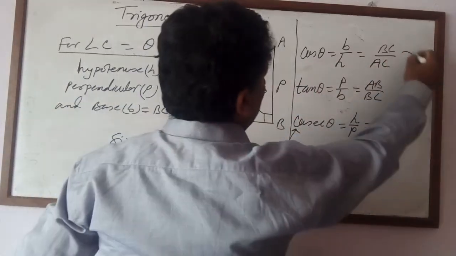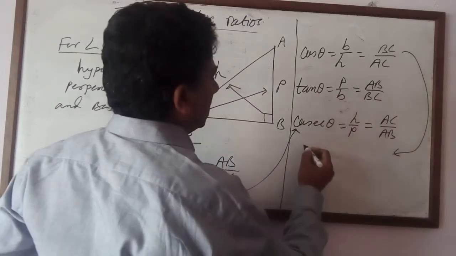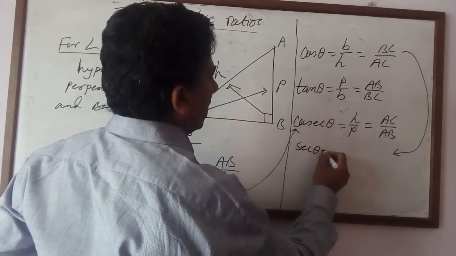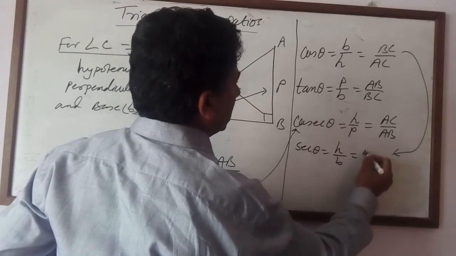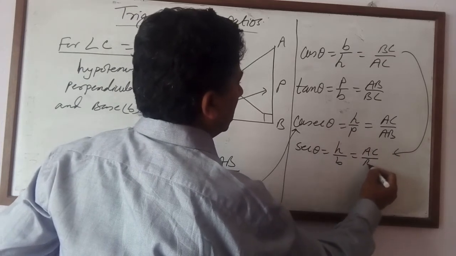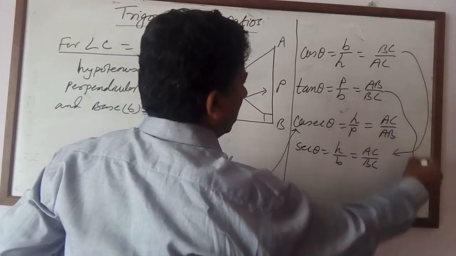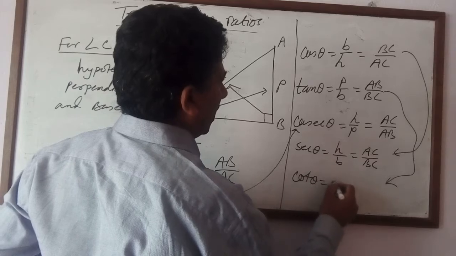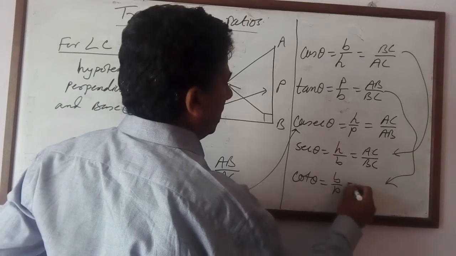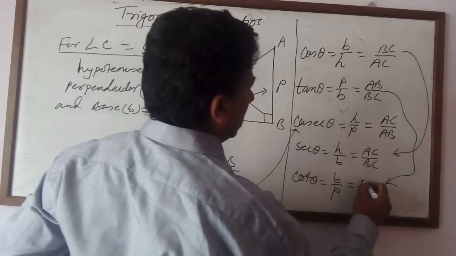Now the opposite of cos is sec. Sec theta, reverse, H by B. H means AC. B means BC. And the opposite of tan is cot theta. Cot theta equals B by P. Which side is B?